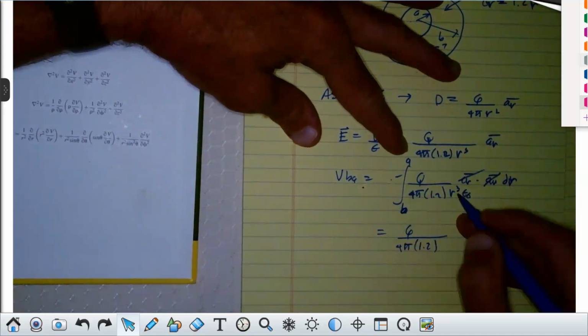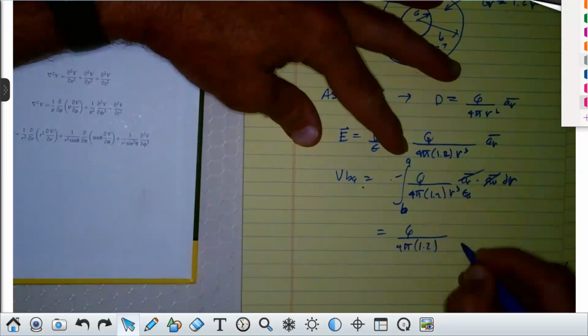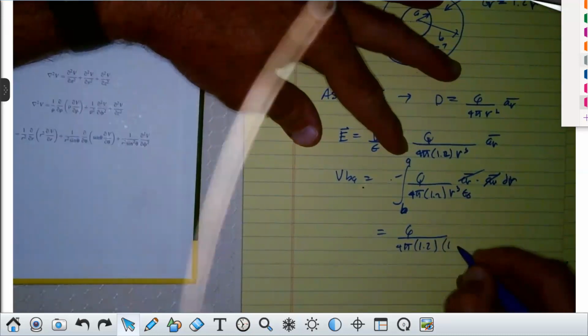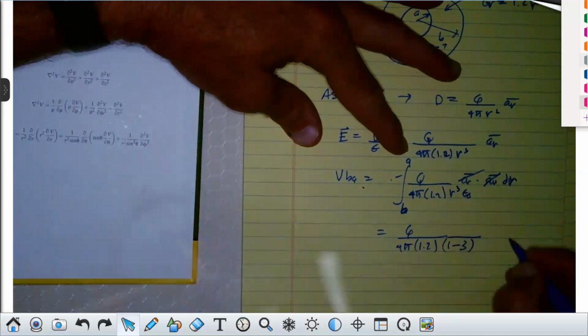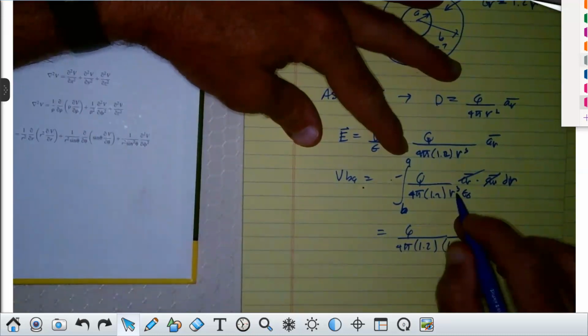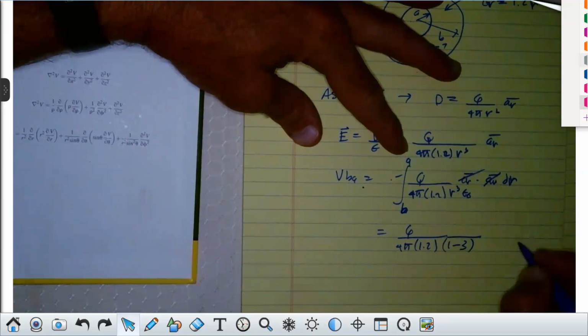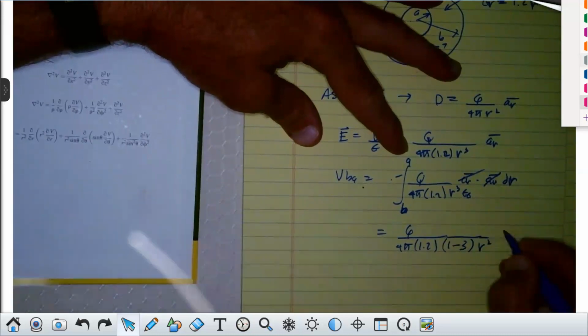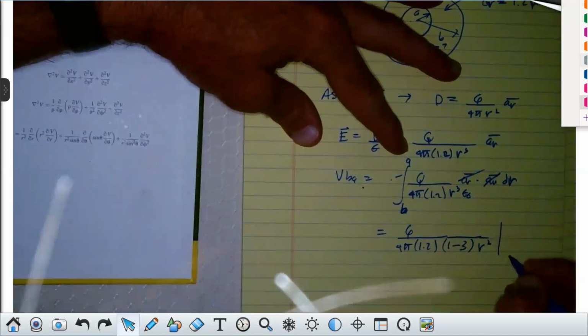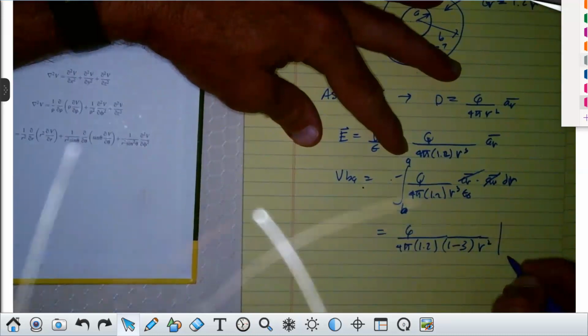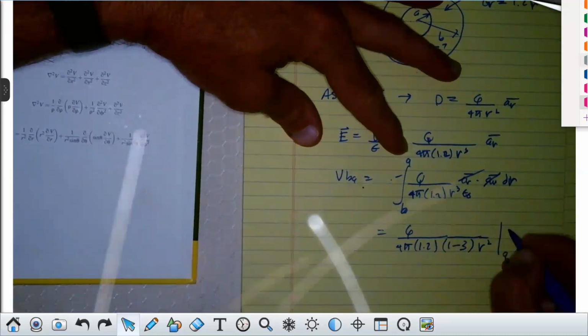The integral of 1 over R cubed is really the integral of R to the minus 3, so I'm going to have 1 over minus 2 downstairs, and then R to the minus 3 plus 1, or R squared. Here it's evaluated from A to B, and it reverses them.